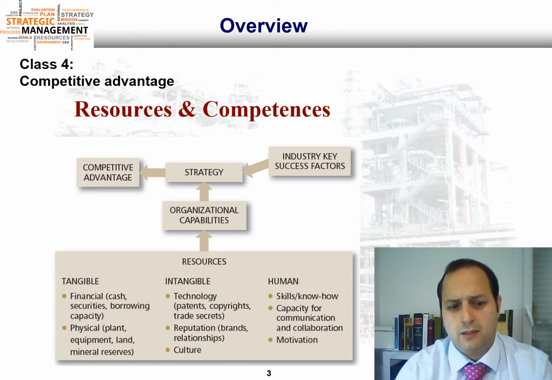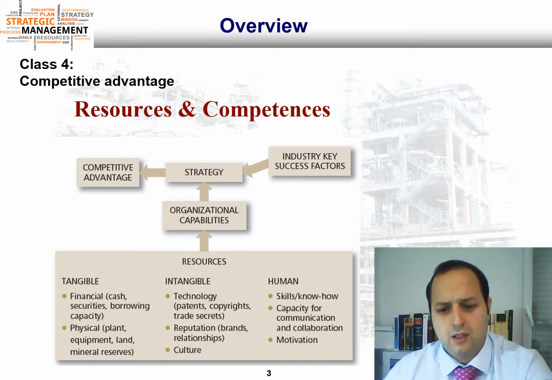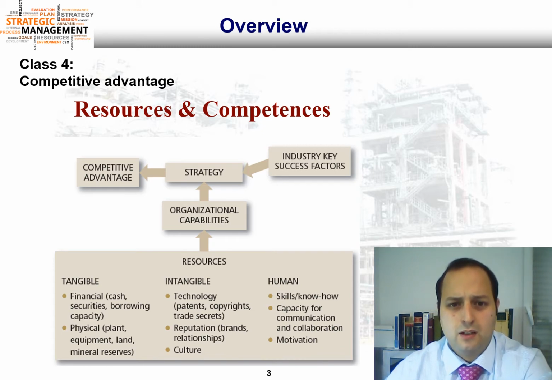For example, if we speak about tangible resources, we refer to physical assets such as the buildings, the plant, the equipment, and so on, or financial assets such as cash, securities, borrowing capacity, etc. When we speak about intangible resources, we speak about patents, copyright, reputation, the brands, relationships, culture, etc. And the last kind of resources could be human: the skills of the staff, the know-how, capacity for communication and collaboration, the motivation of the staff.